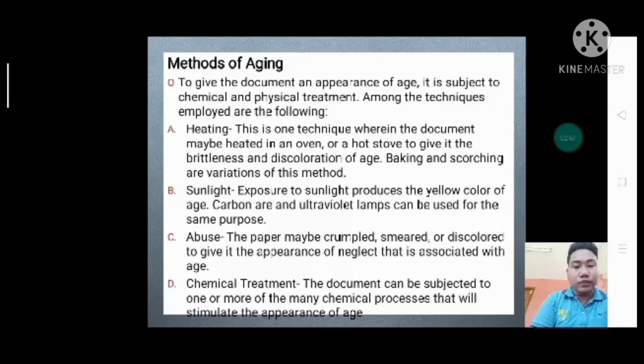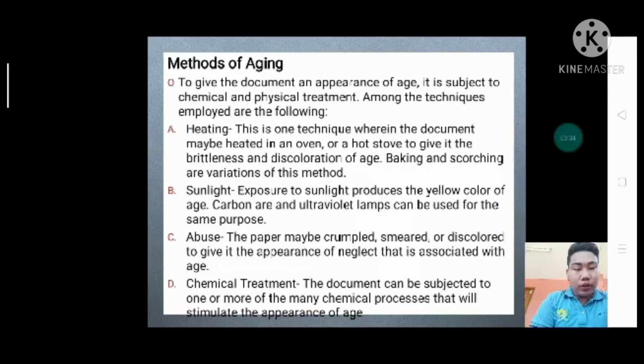Methods of aging. In order to give the document an appearance of age, physical and chemical treatments are conducted. There are various techniques, namely heating, sunlight, abuse, and chemical treatment. Heating is a technique where the document is heated in an oven or on a hot stove to give it the brittleness and discoloration of age. Other methods are baking and scorching. Next is exposure to sunlight, which produces the yellow color of age.